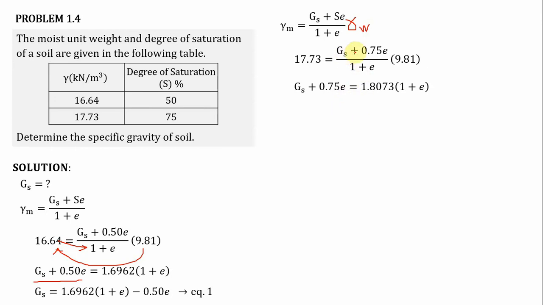Cross-multiply ito. So, GS plus 0.75E is equal to 17.73 divided by 9.81, that is equivalent to 1.8073, times 1 plus E. So, GS is equal to 1.8073 times 1 plus E minus 0.75E. And that will be our equation 2.